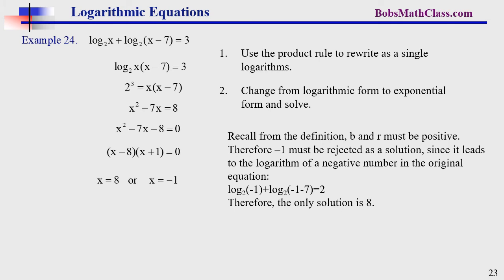So you would have to reject 5 as well. So remember that you have to be able to plug these numbers back in and not get a negative. All right, so the -1 is rejected, so our answer is only 8. On a test, if you left -1 for your answer, you would probably be marked down. So make sure that you cross out answers that result in the logarithm of a negative number.